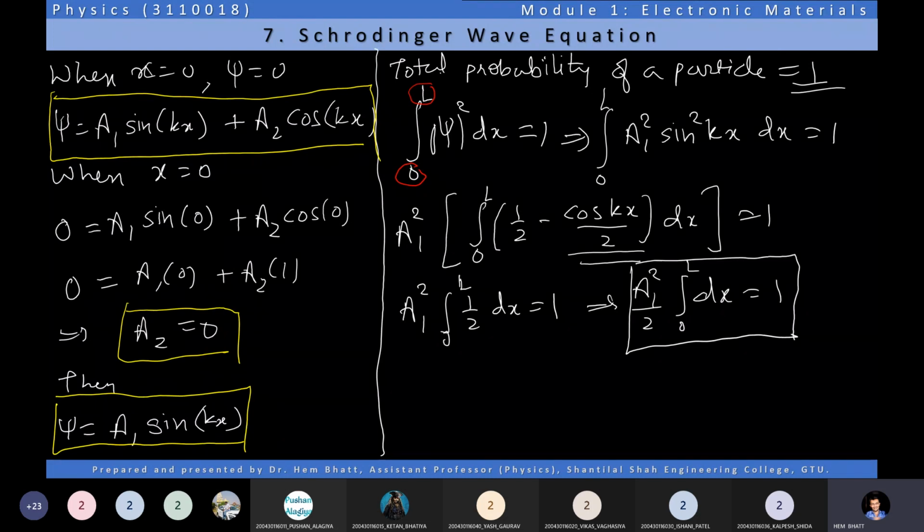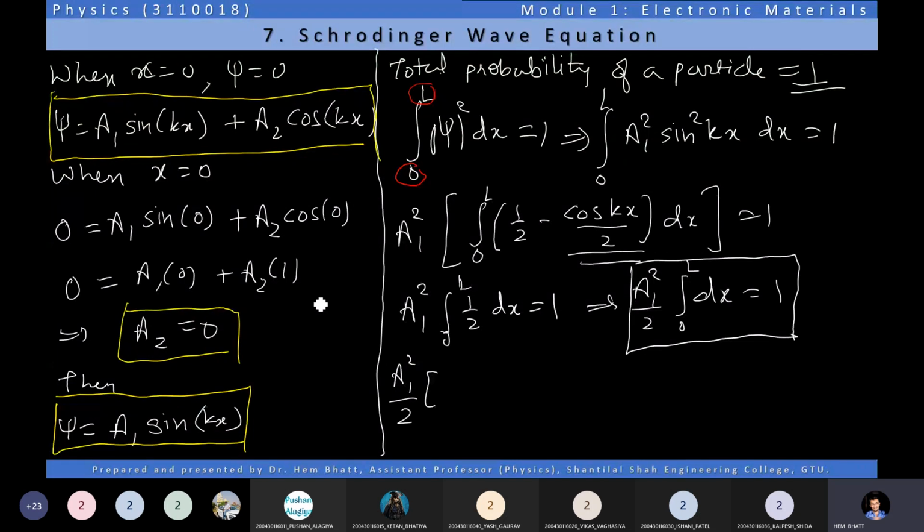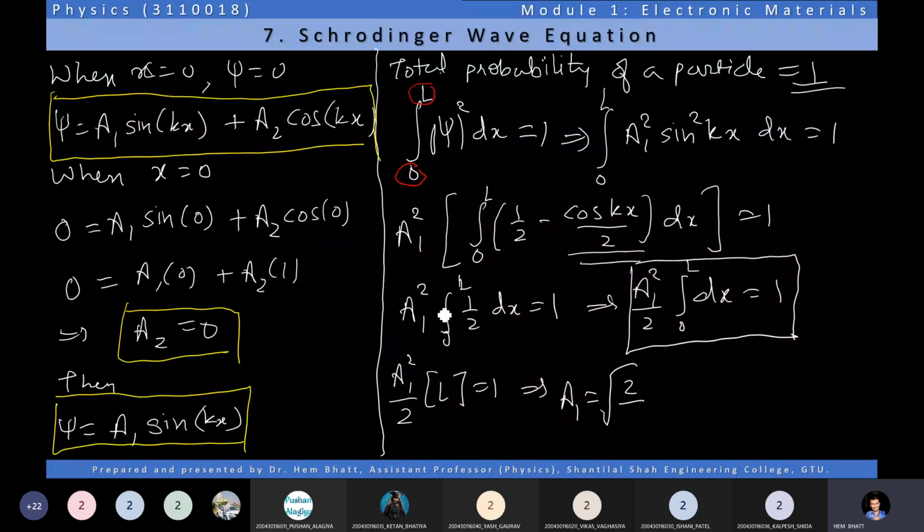What is integration dx? x. અને એમાં L ની 0 ની વેલ્યુ મૂકો, upper limit L, lower 0. So answer is L. It means that A1 square by 2 into L is 1. So what is A1? Under root 2 by L. Very good. Under root 2 by L.